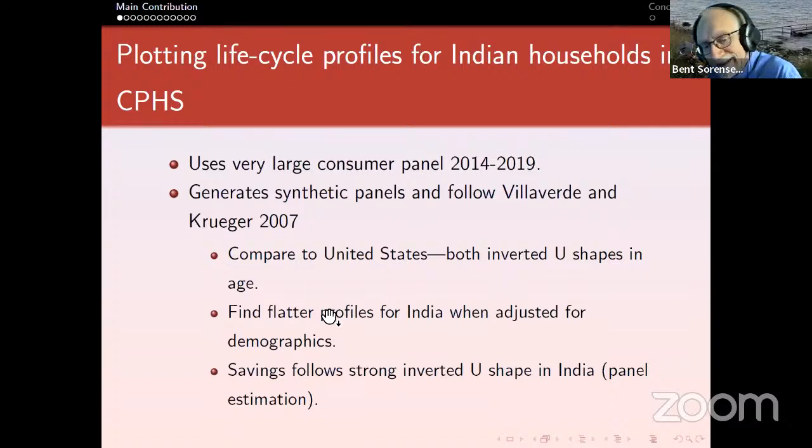While in India, when you adjust with demographic usage equivalence scales, it gets to be pretty flat. The paper mainly uses these synthetic panels, but also makes some use of the panel, and in particular shows that savings follow a strong inverted U shape in India.